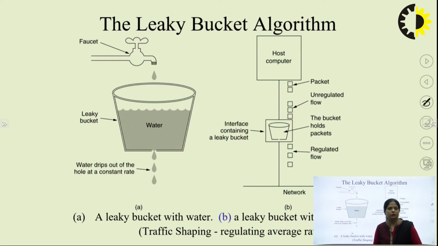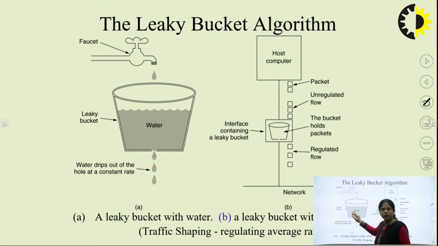Another algorithm, and a very important one as well, is the leaky bucket algorithm for congestion control. What this algorithm says is, we have a bucket with a small hole in it, so the water drips out of the hole at a constant rate.